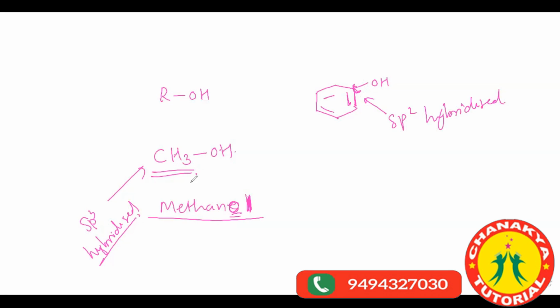Means in your alcohol, the OH group is attached to an sp3 hybridized carbon, and in your phenol, the OH group is attached to an sp2 hybridized carbon. Clear? Understood the basic difference between both? Yes, ma'am. Fine.